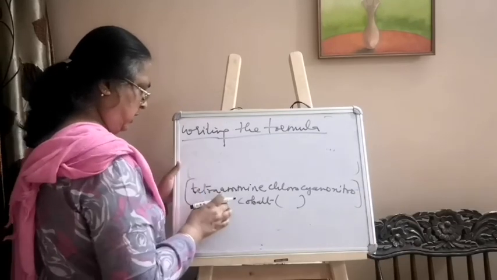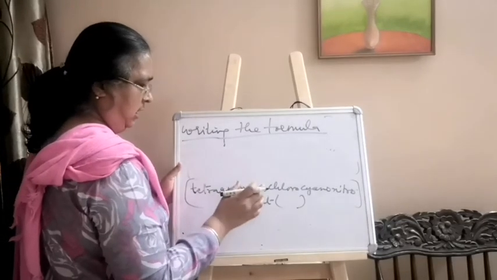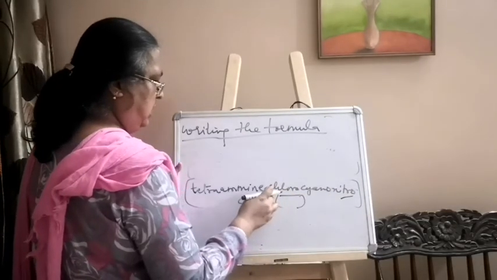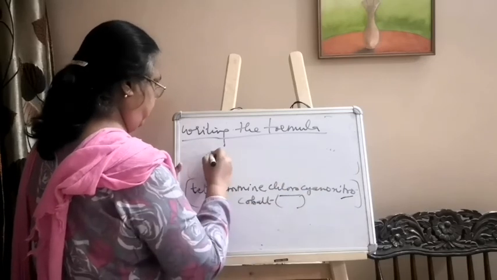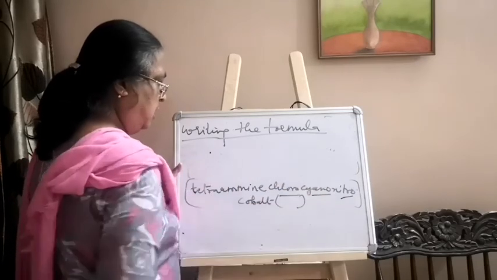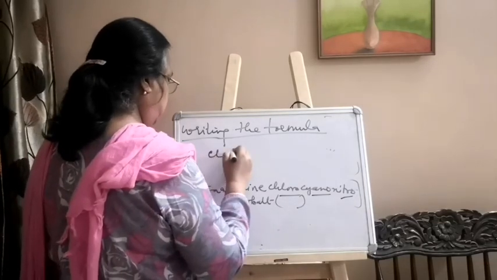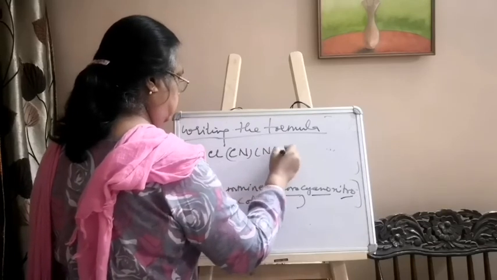So here you will start with the anionic ligands first. The anionic ligands are these. Then you see their alphabetical order. So chloro, cyanido, nitro. So the alphabetical order will be what? Chloro, then cyano, and then nitro.